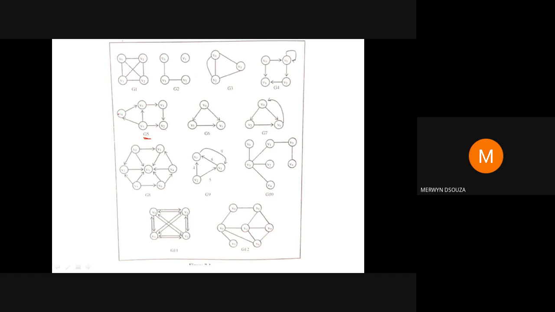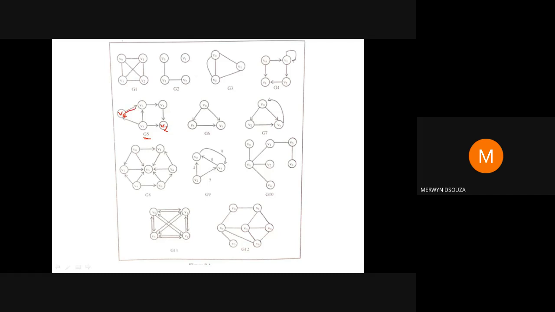Where is V4? Here. This is V4. Where is vertex V2? Here, vertex V2. So if there is a path from V4 to V2, then we say V2 is reachable from V4.